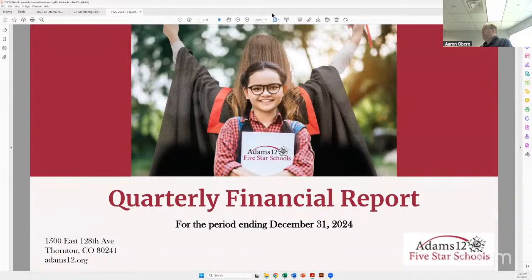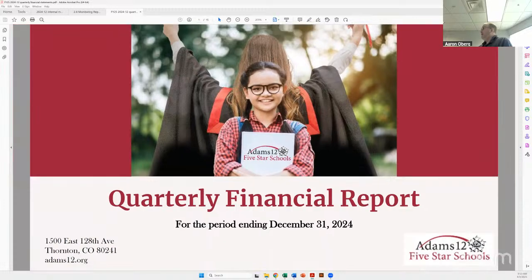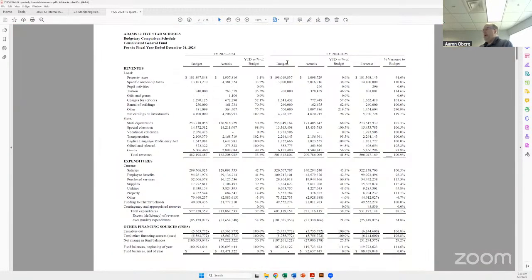We provide those financial statements to the board, generally saying we are on track and providing foresight into what may be causing any potential variances. And remember, variances are positive or negative.